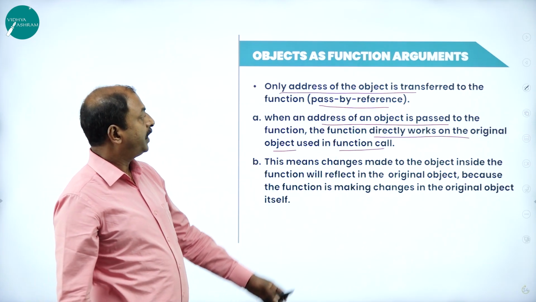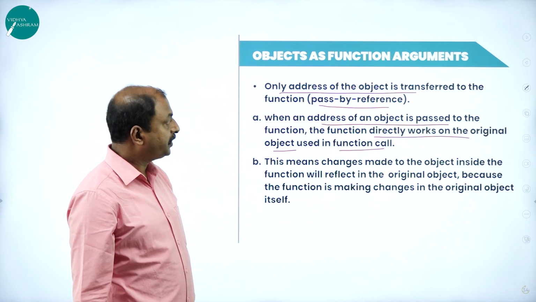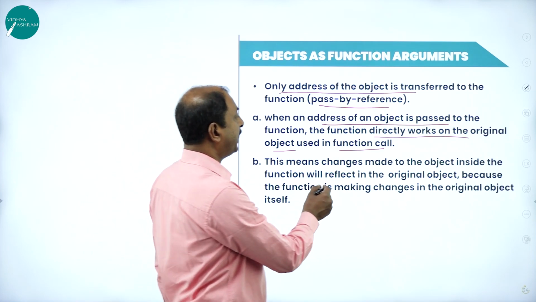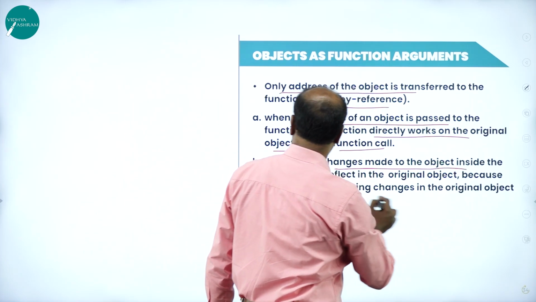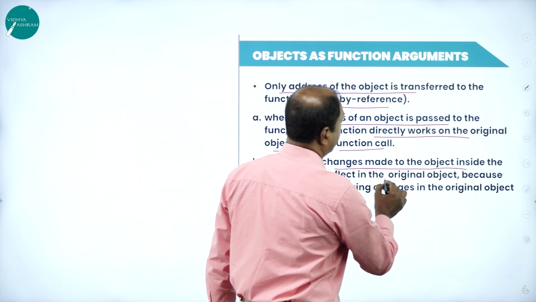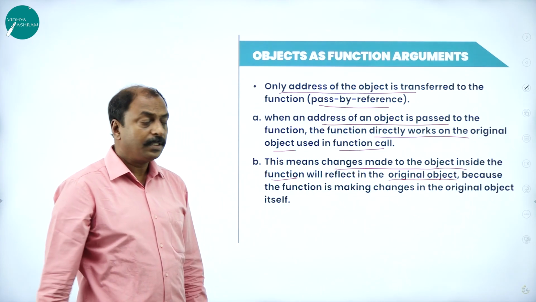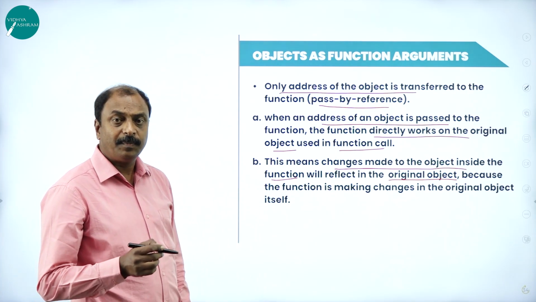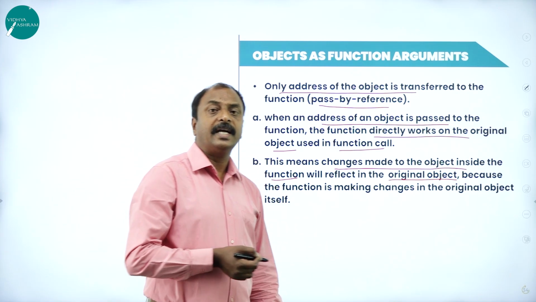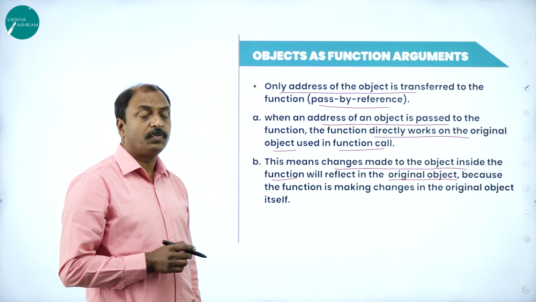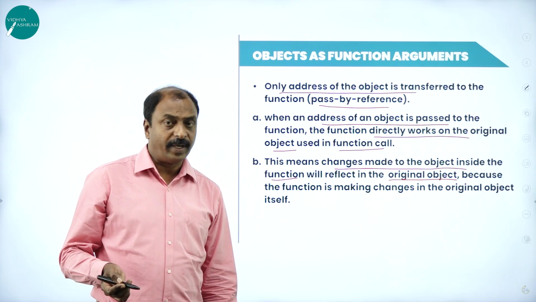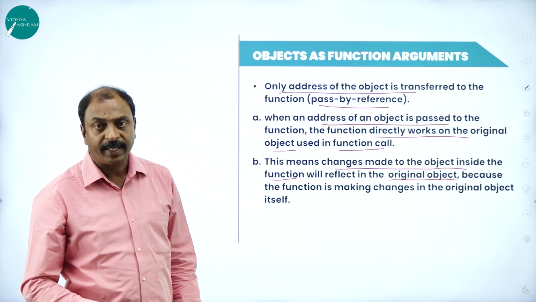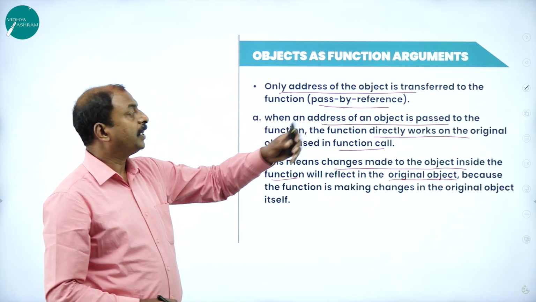This means that changes made to the object inside the function will be reflected in the original object. So any changes made inside the function have an impact on the original value, because it is working with the address and directly works with the original value. So this is the pass by reference method.